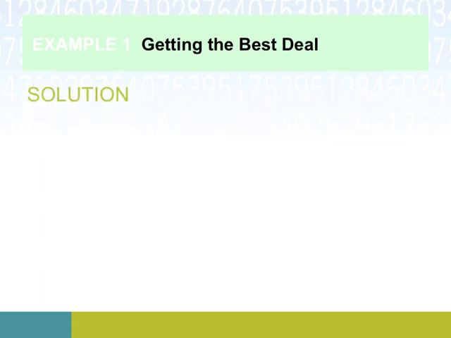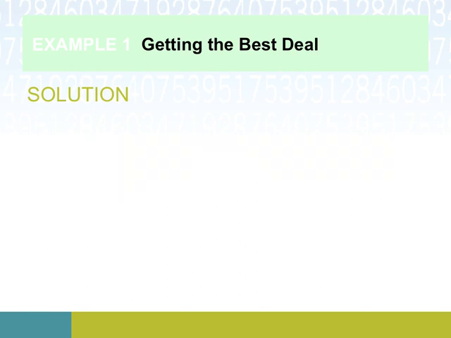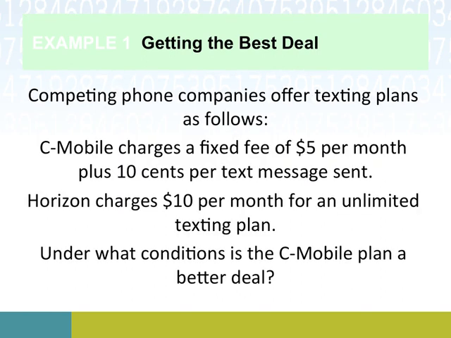So the first task for us to accomplish is to figure out what these charges look like. The only thing that varies between these two different deals is not time, because it's still monthly plans. The things that vary are how many text messages you send, and how much it costs you. A function of one variable is very good at relating to things like that.